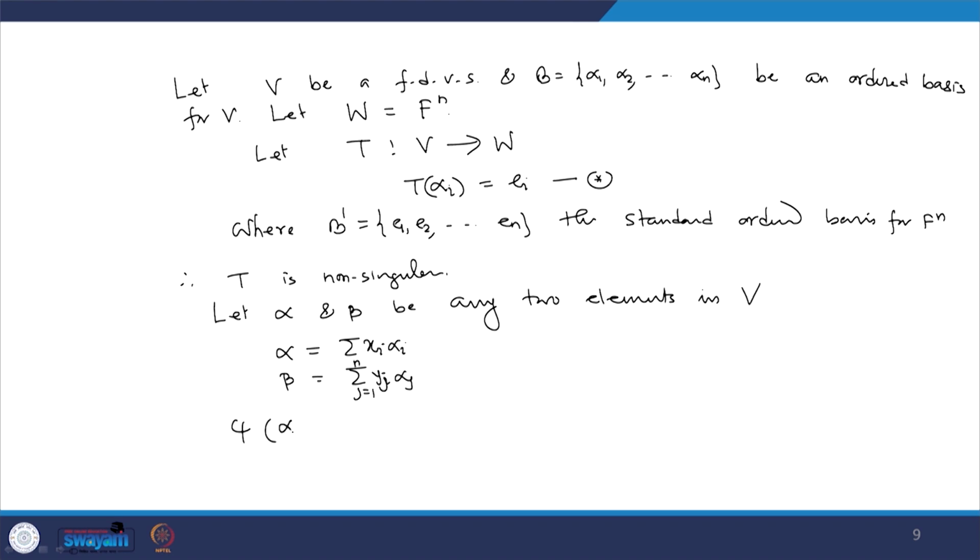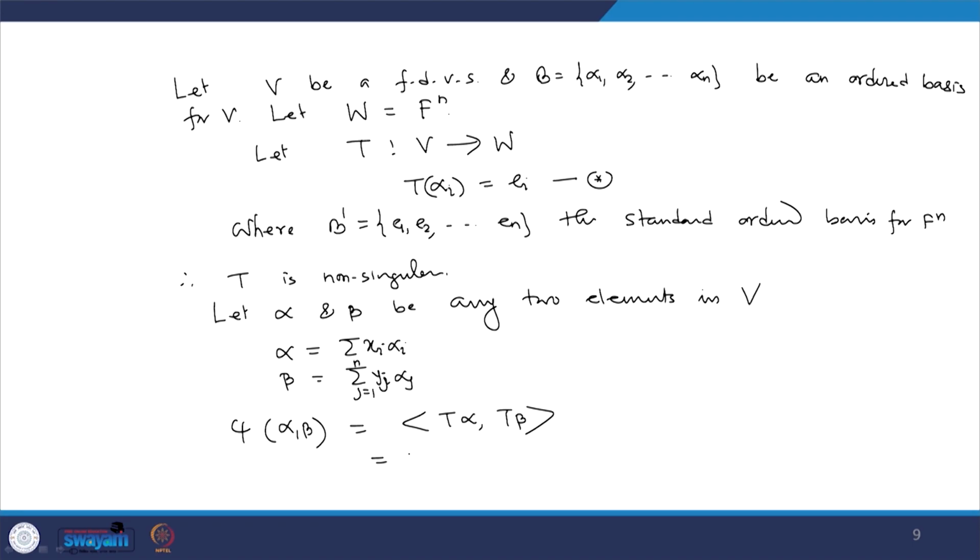Now, if I consider psi of alpha beta, according to my definition, this will be equal to the inner product of T alpha and T beta. If I consider the inner product in Fn as the standard inner product, which I considered in the beginning, then T alpha and T beta.